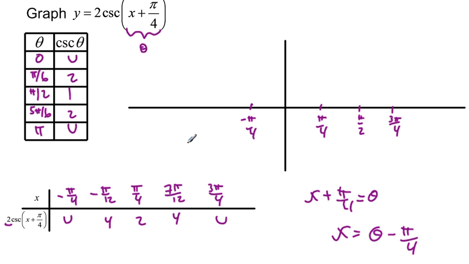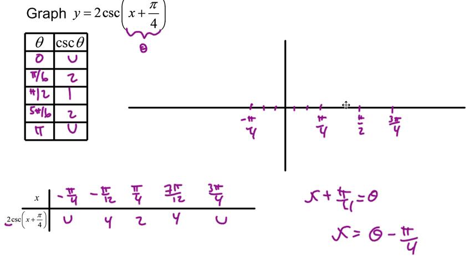And what about these little marks? Well, if this is pi over 4, then cutting it into thirds gives 1/12, 2/12, 3/12. So 1/12 is right here, 2/12 is right here, which is pi over 6, and 3 over 12 is 1/4. So I'm going into thirds.